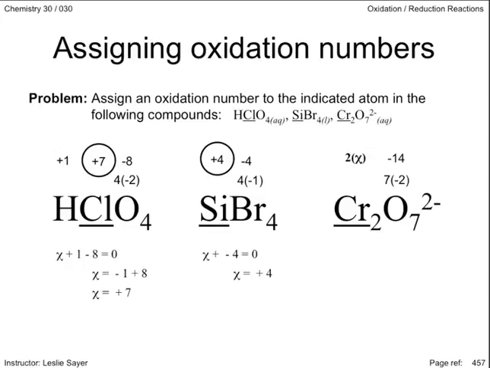But since it's a polyatomic ion with a net charge of -2, then when we add the oxidation number of the chromium atoms to the oxygen atoms, we should get -2. After some tinkering with a simple equation, we find the oxidation number for each chromium atom is +6.